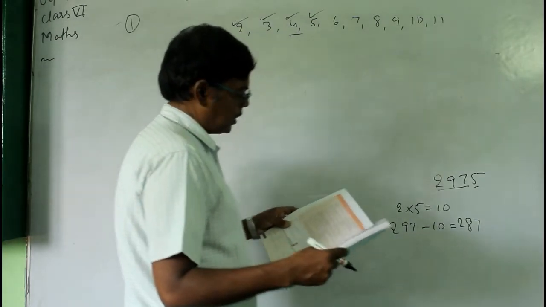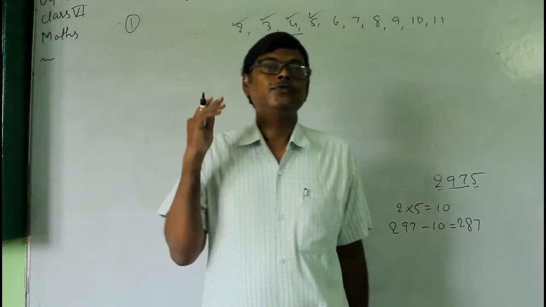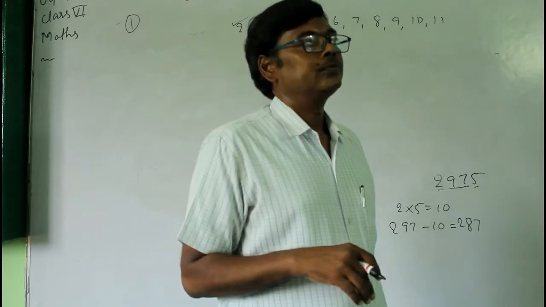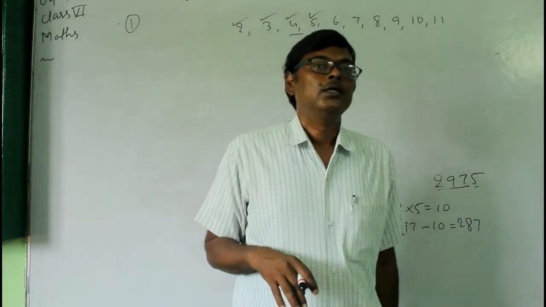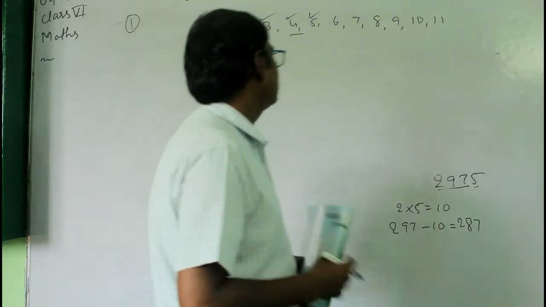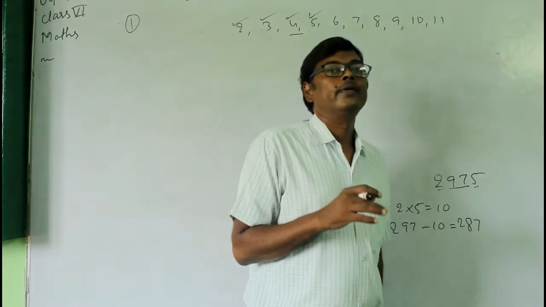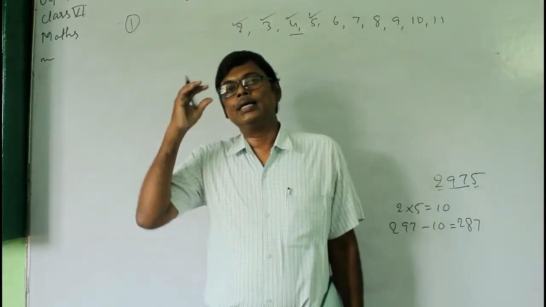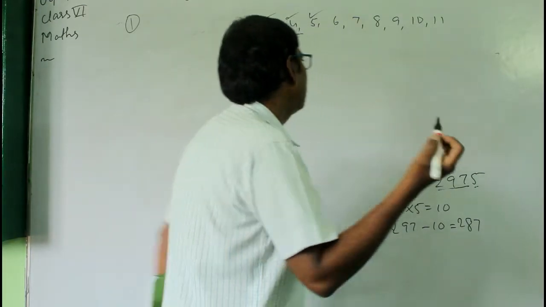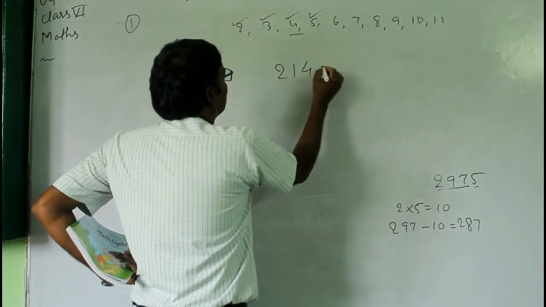So take now the next number, 8. Now for the test of divisibility by 8, it is similar to 4. So if you want to check whether a given number is divisible by 8, what will you do? For example, 2148.